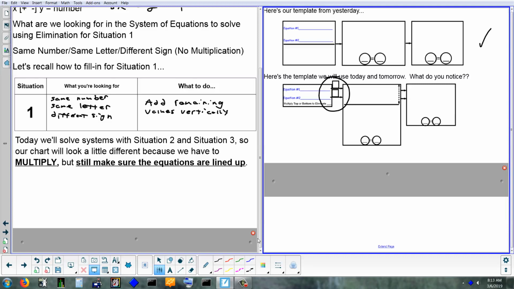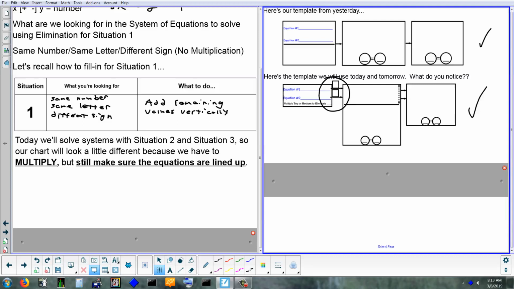When you have anything other than situation 1, situation 2, 3, 4, or 5, you're going to see this template. It's going to have the little extra boxes in it. So those boxes are basically there to tell you it's not situation 1. It's situation 2, 3, or 4, or 5. So like Mr. Hager said, right, we have these boxes, right?